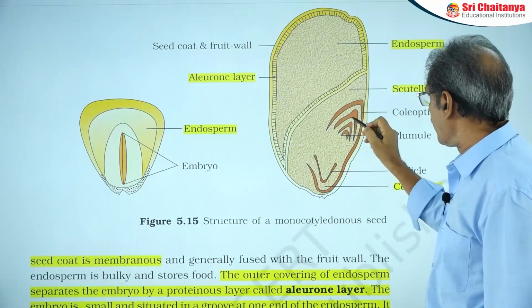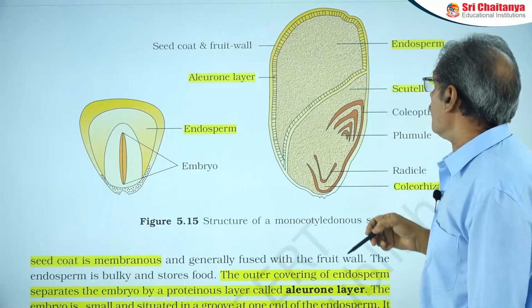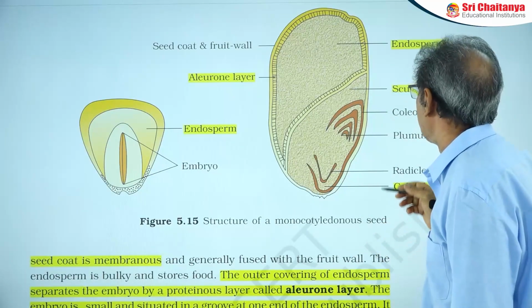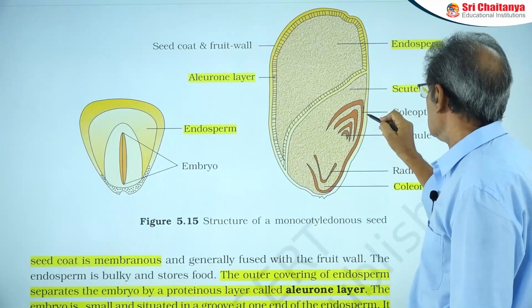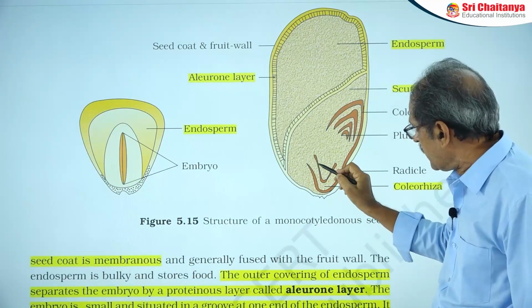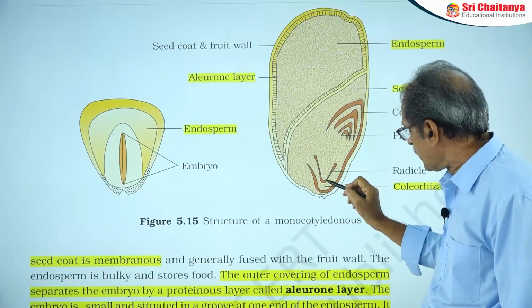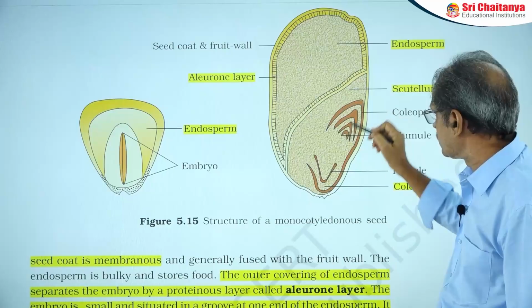This is the embryonic axis, plumule and radicle. But here, protective sheath-like structures are present. The sheath above the plumule is called coleoptile, and the similar protective sheath above the radicle is called coleorhiza.